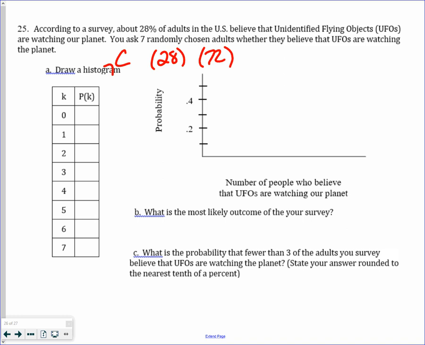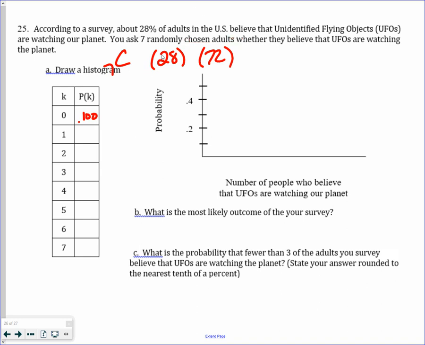So the K value for you have choosing 0 with a success of 0, meaning 7 said no. So according to the survey, 28% of adults believe in UFOs. You asked 7 randomly chosen adults whether they believe in UFOs. That's how you would do the first one. You get 0.100. You repeat this for each one, replacing it with the new value.